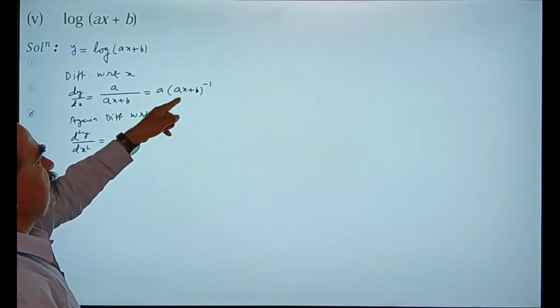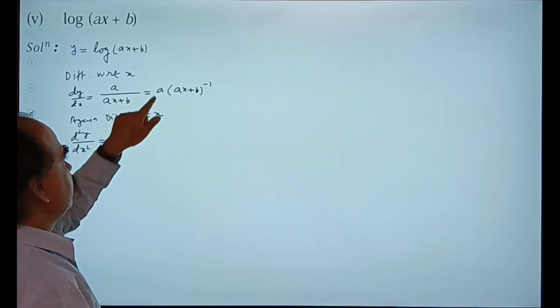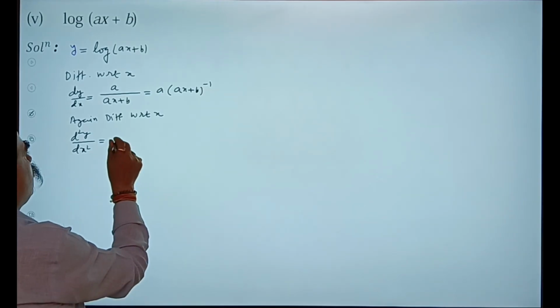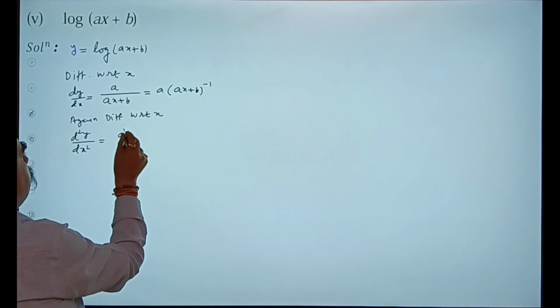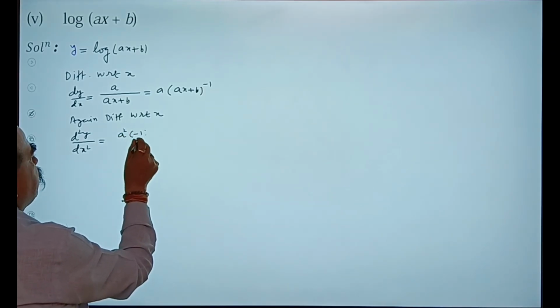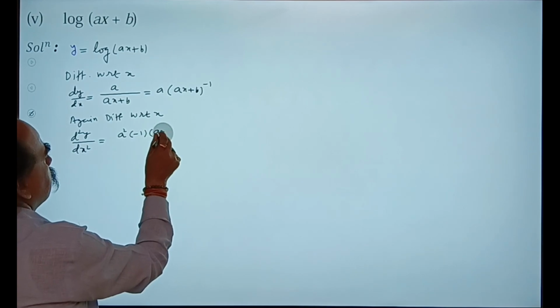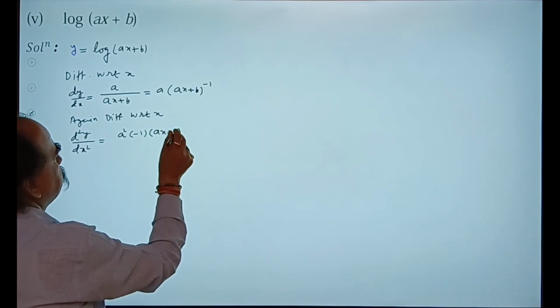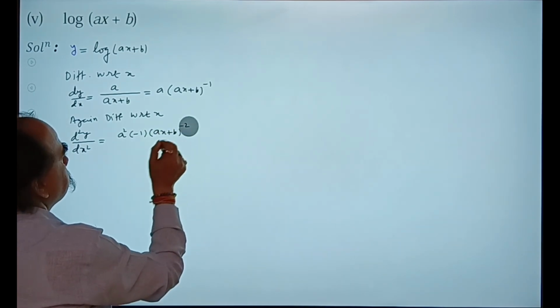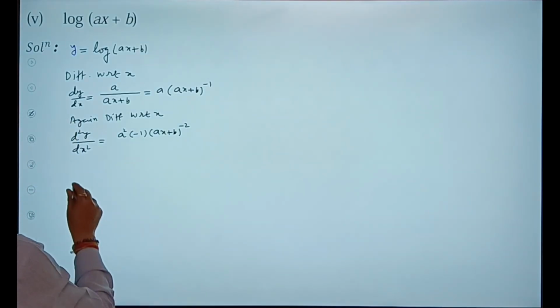See, derivative of inside function will be a. A is already there. So a into a will be what? A square minus 1 into (ax plus b) raised to minus 2.